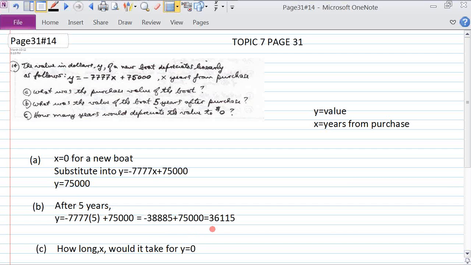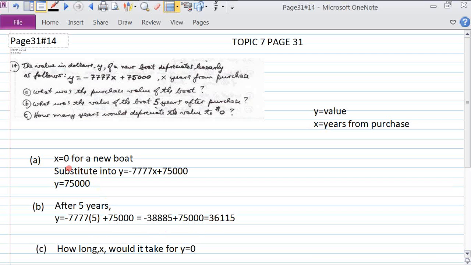So after 5 years, the boat is only worth $36,115 according to this calculation, because you take the $75,000 and subtract this amount, and you come out with what they sometimes call the depreciated value.